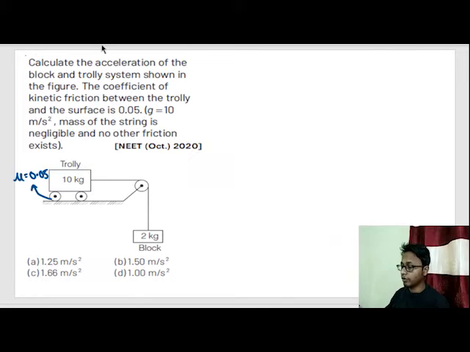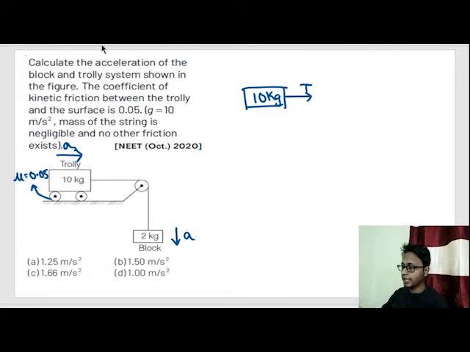So whenever you are solving free body, determine the direction of acceleration. If this will be accelerating with a downwards, this will be accelerating with a towards the right. Now draw the FBD. This is a 10 kg block. A string is pulling to the right hand side.